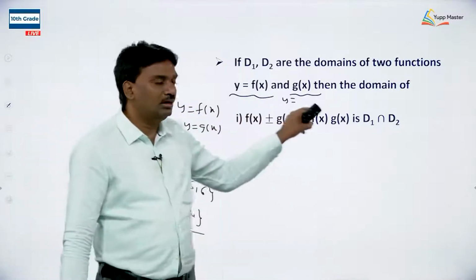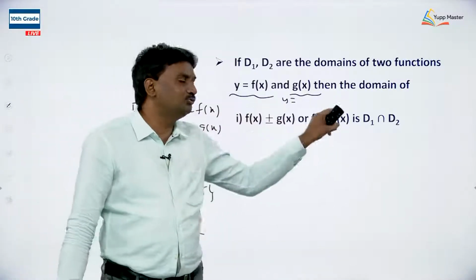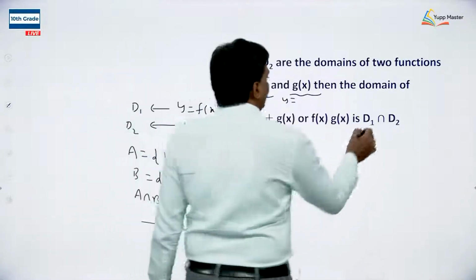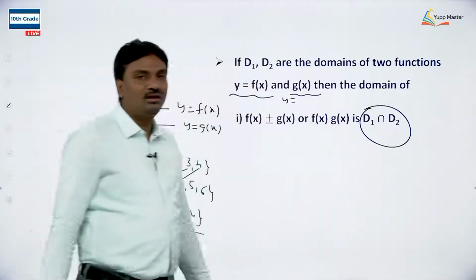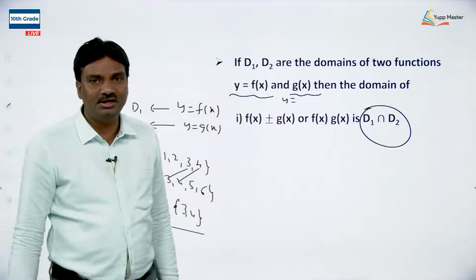If we have two functions in any one of these forms, we can take the domain as d1 intersection d2.